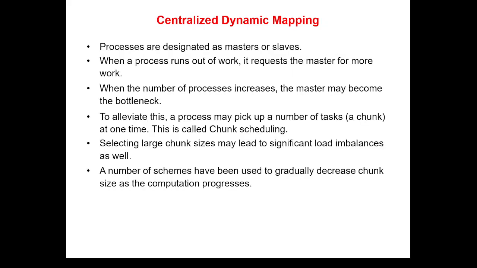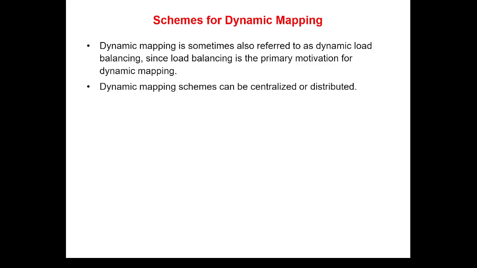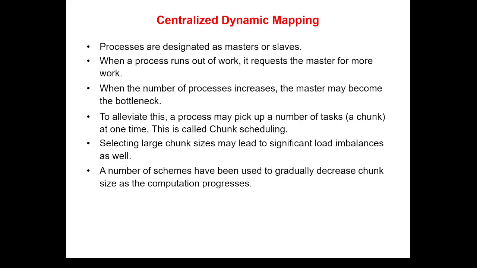Okay, so kalau kita pakai centralized or distributed, kita centralized, kita akan ada satu become master and others will become a slave. Okay, we call centralized. Okay, so ini yang kita pakai SMP dengan non SMP tu, kan. So process are designated as a master or the slave.